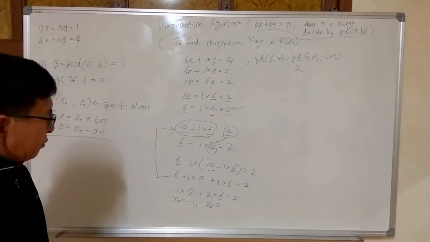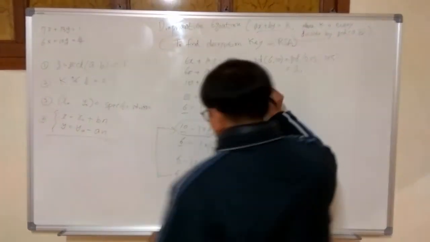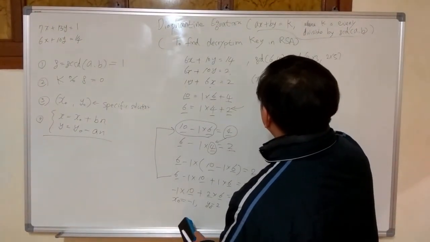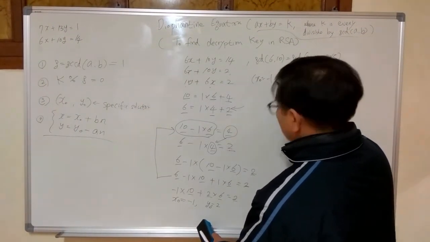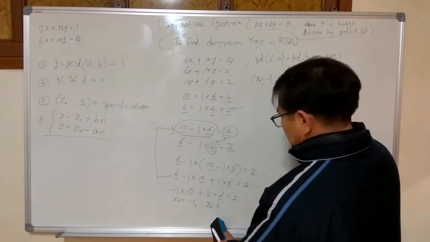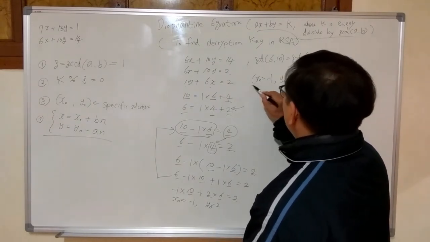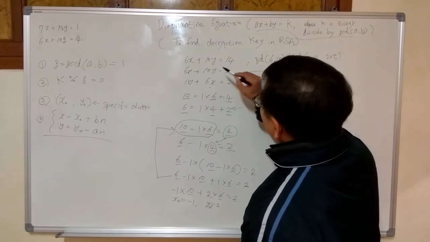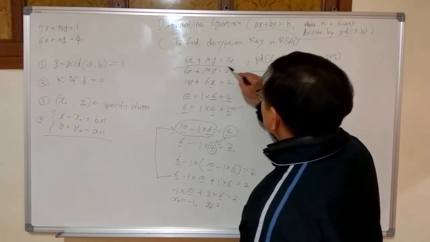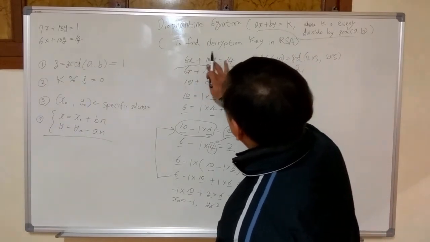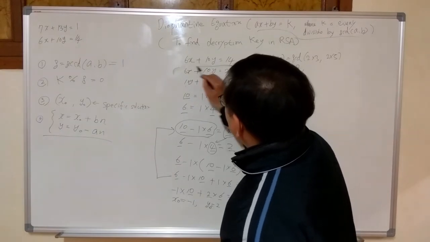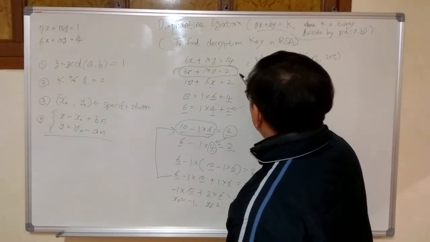At this point we have x naught minus 1, y naught 2, and we apply this value to the first equation, the second equation. Here we apply it like this.